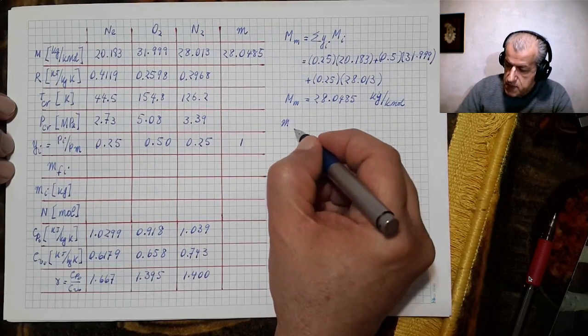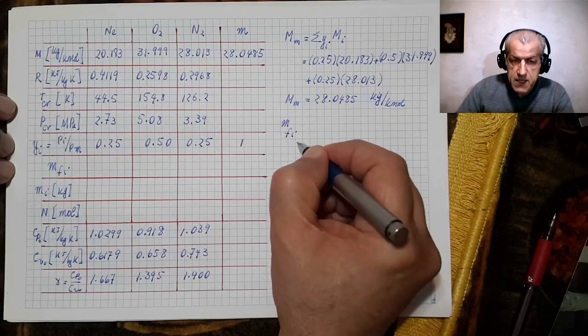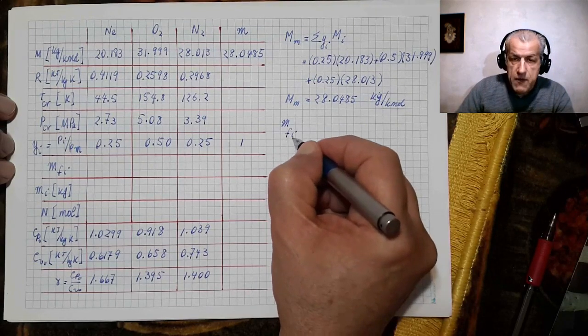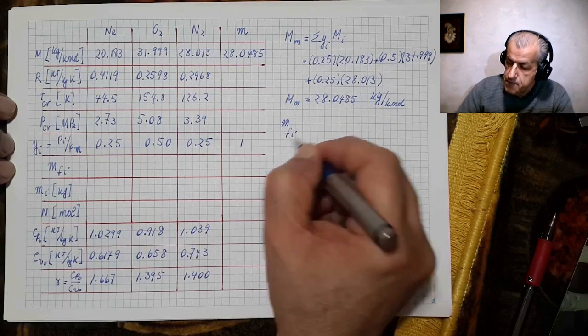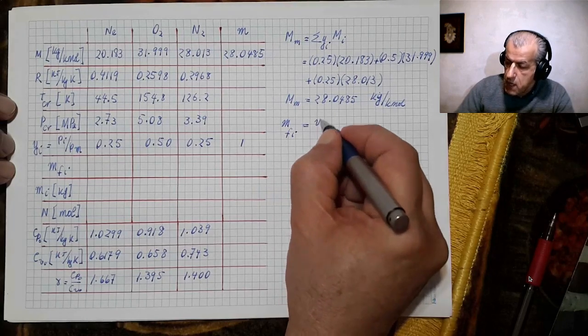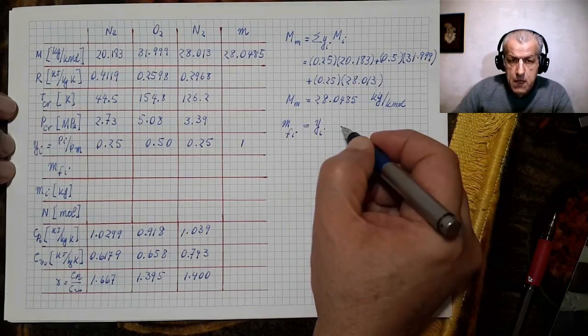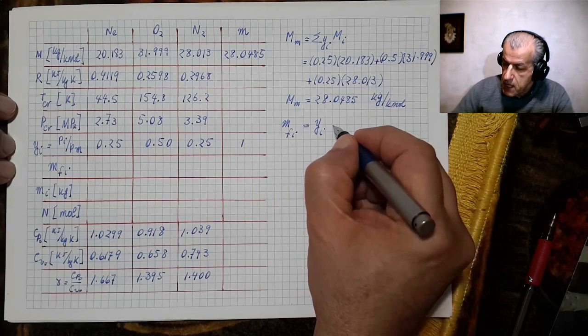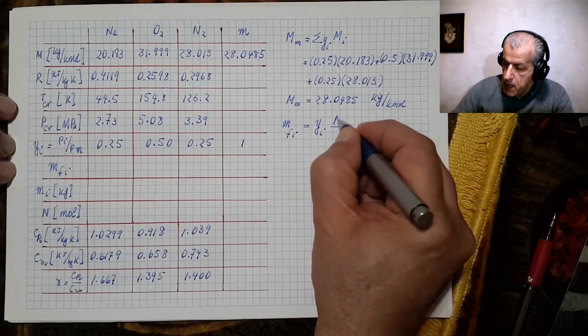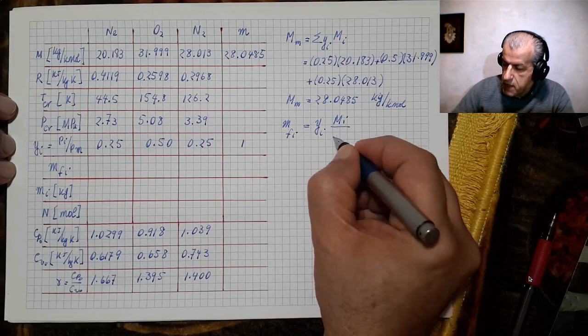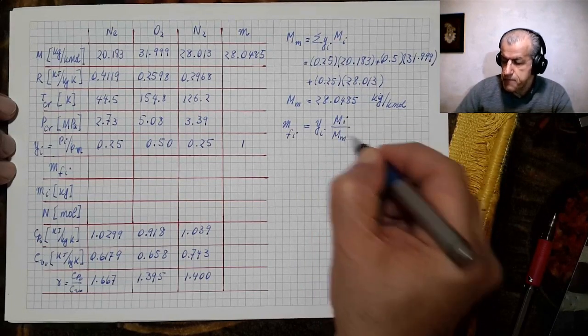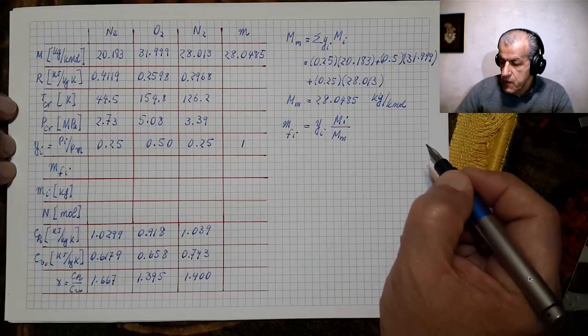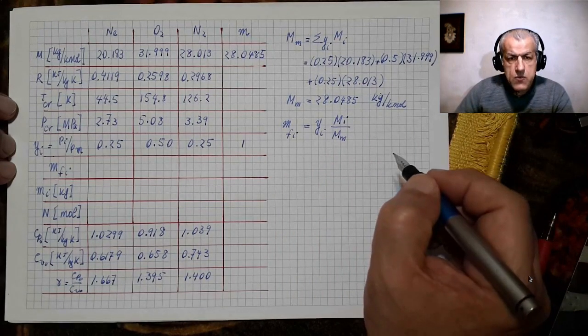It is this one: MFi, which is the mass fraction of component i, equals yi, which is its molar ratio, times Mi divided by M. What does this equation do for us?